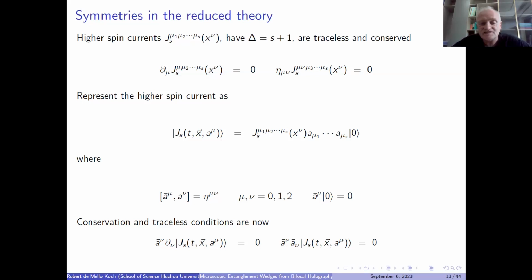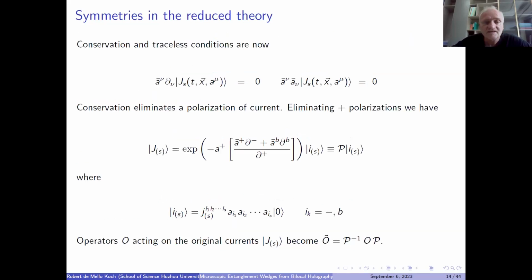The advantage of this language is that it's very easy now to solve these constraints in the Fock space description. So in particular, here is the solution. This capital vector J is the conserved current, the state corresponding to the conserved current that we just looked at.